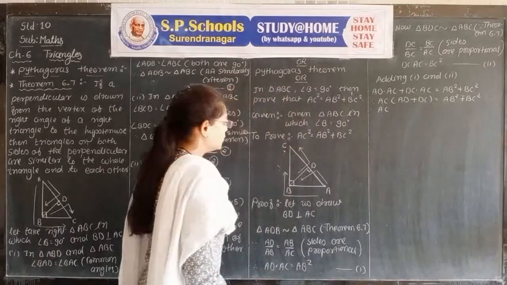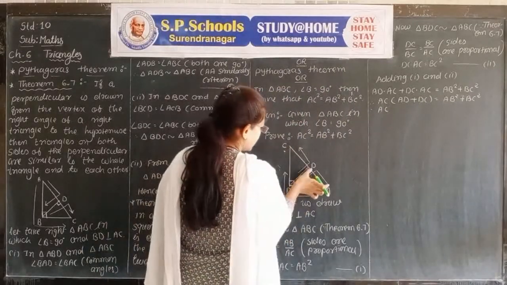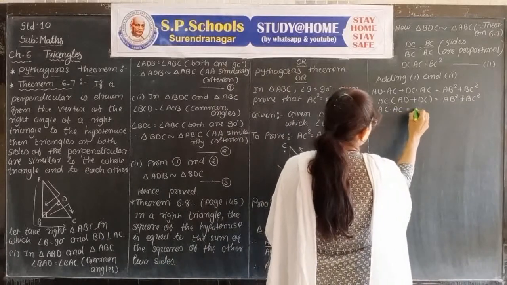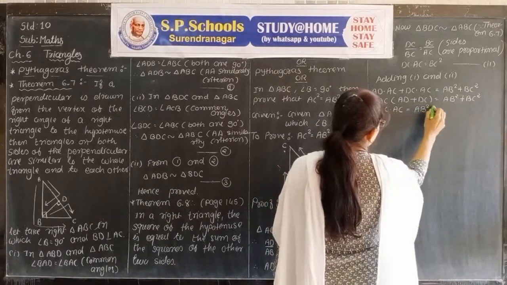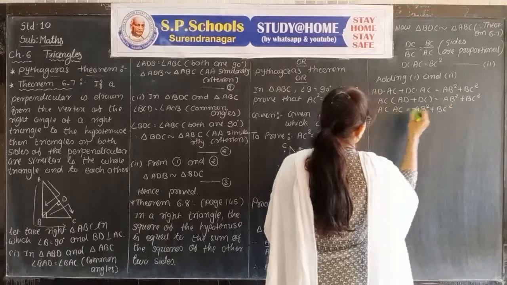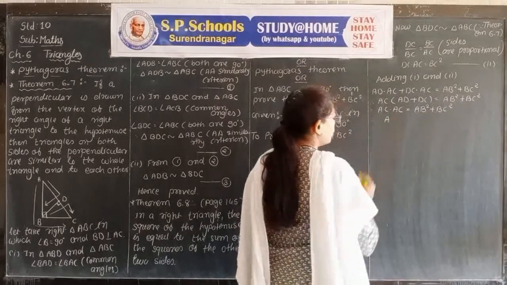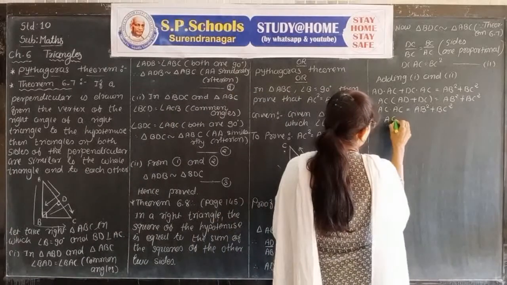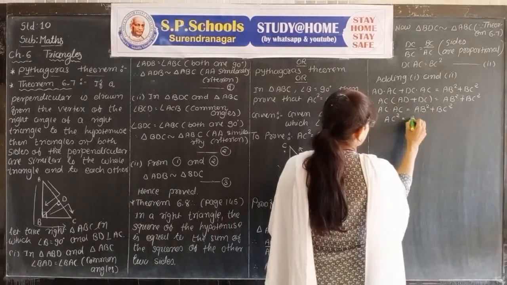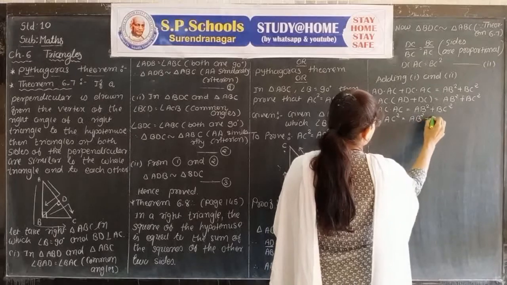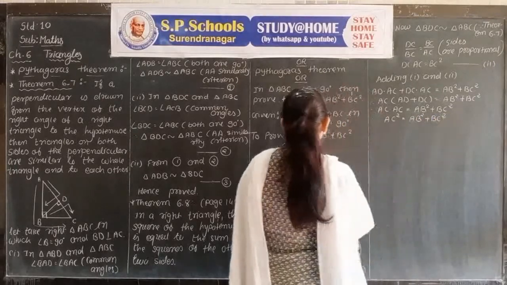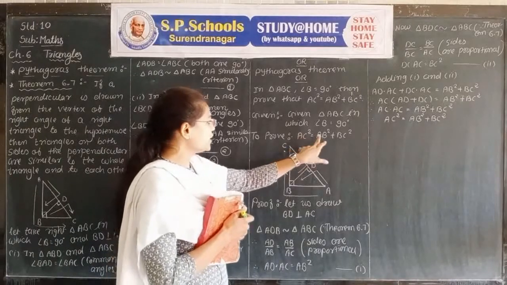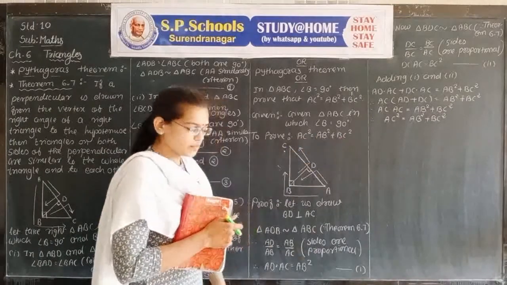From the figure, AD plus DC gives us AC. That's why AC into AC comes two times in multiplication. Hence proved. To prove we needed AC square is equal to AB square plus BC square.